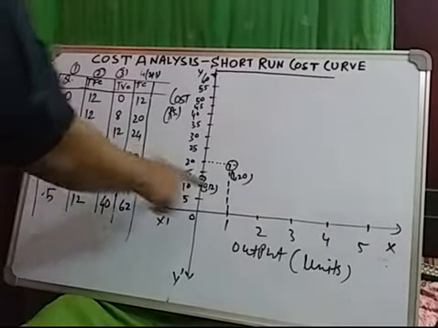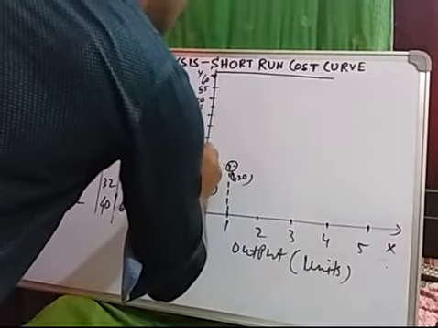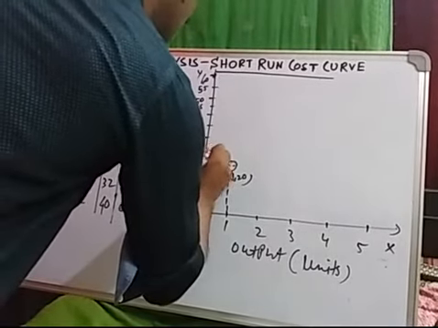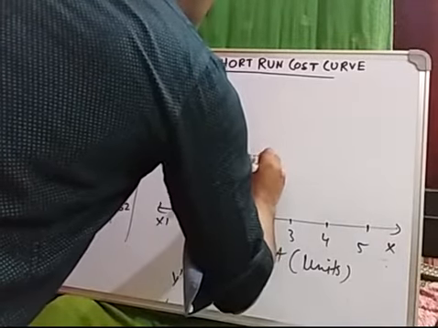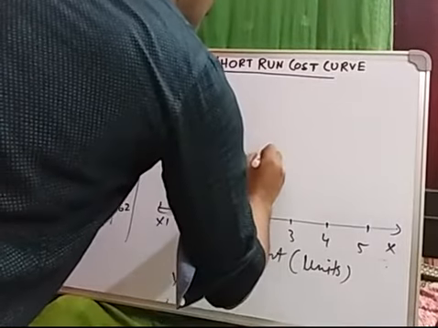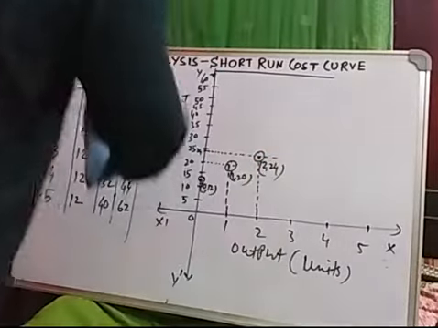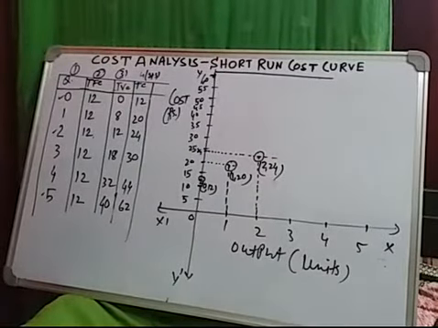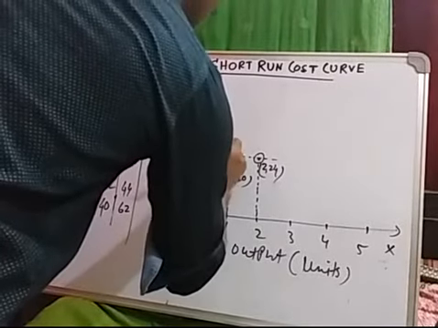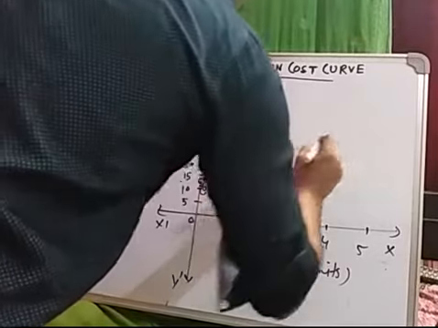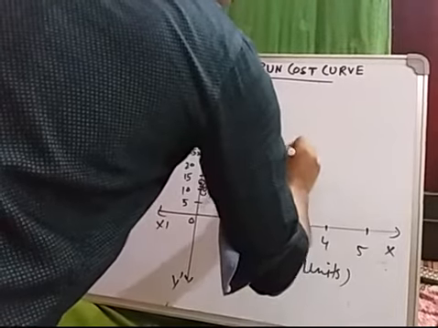So 2 is this output, and 24 is like this. So this is the 2, 24. Clear? Now is 3, 30. So 3 is this and 30 is this. This is 3, 30.